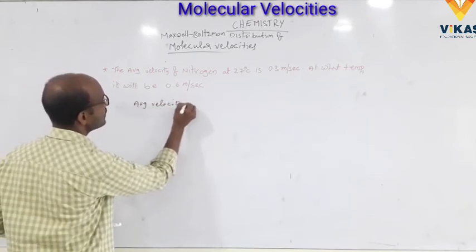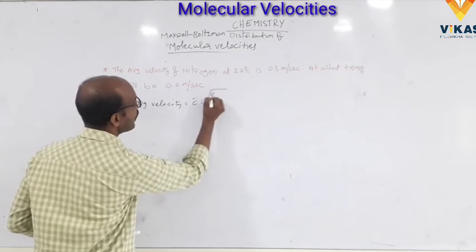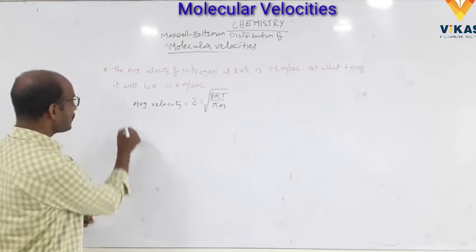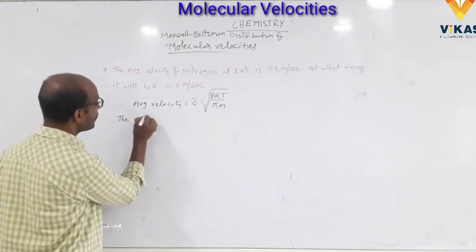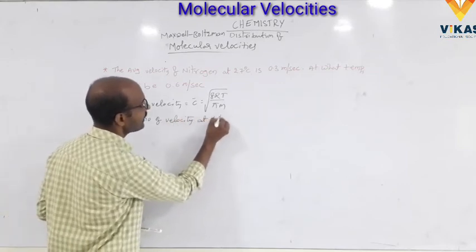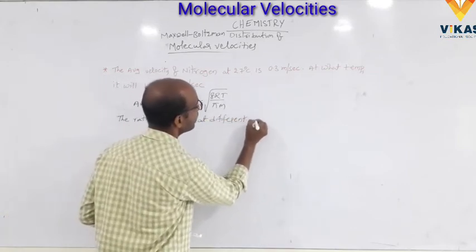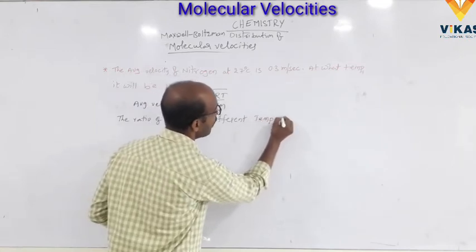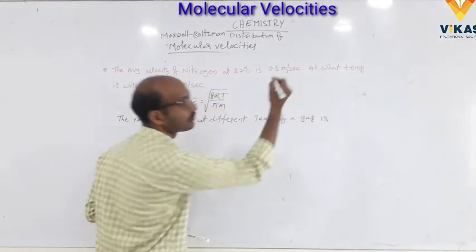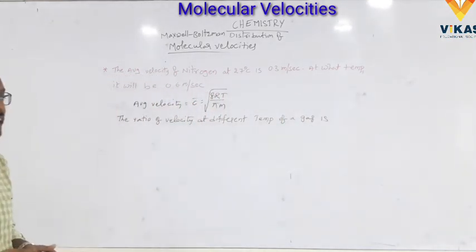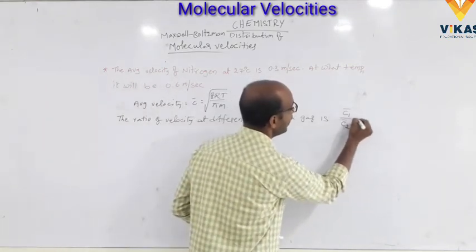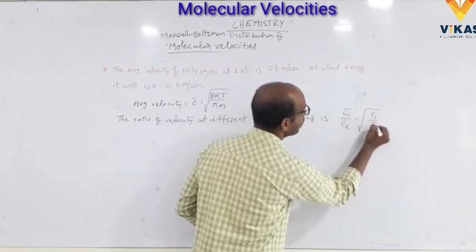The average velocity is C bar equal to the square root of 8RT by pi m. This is the average velocity. The ratio of average velocities at different temperatures of a gas is C1 bar by C2 bar equal to the square root of T1 by T2.